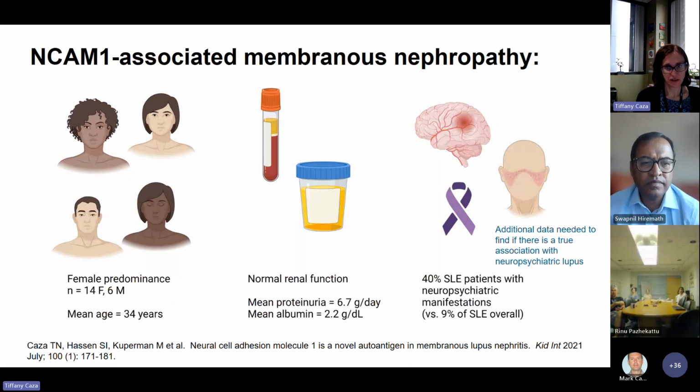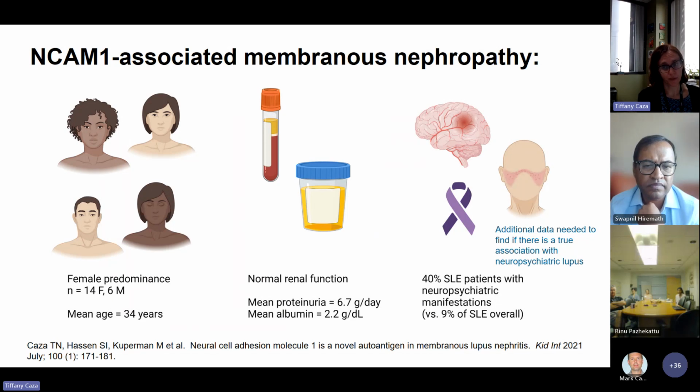NCAM1, neural cell adhesion molecule 1, is another type of membranous. It's identified here at Arkana by protein G immunoprecipitation, and has a very similar presentation to EXT membranous. These are young females of childbearing age, typically with normal renal function and nephrotic syndrome at presentation. There may be a potential association with neuropsychiatric disease, but we need further data to establish that.